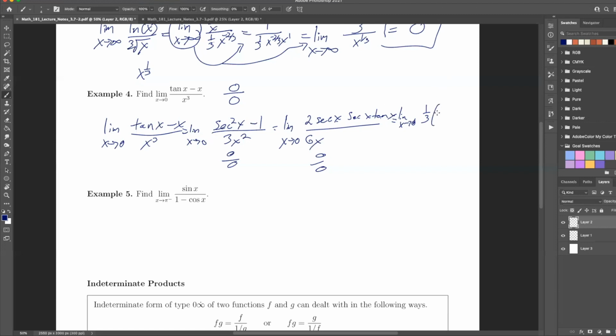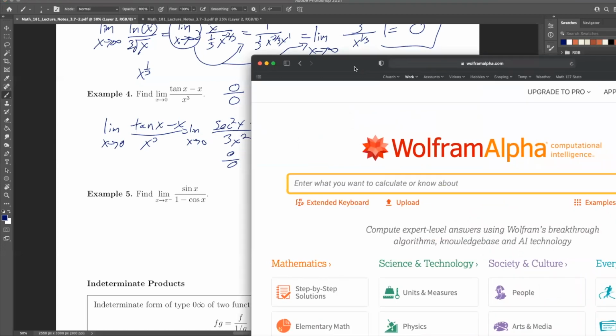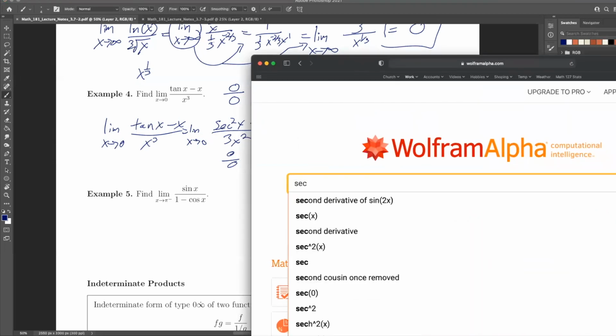So this will become... you know what? Let's just type in secant squared x.